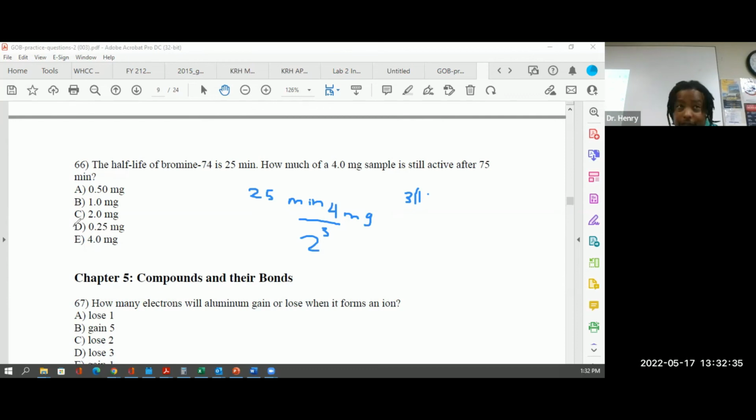You said 2.5? So 2 cubed is 8. Is that right? So, piece of cake.